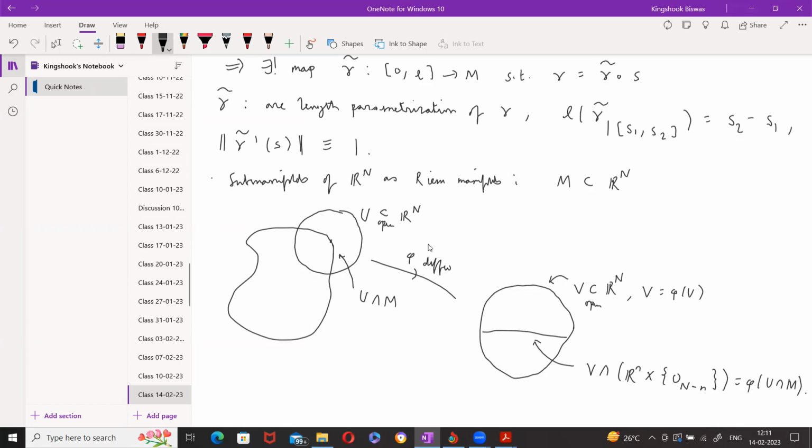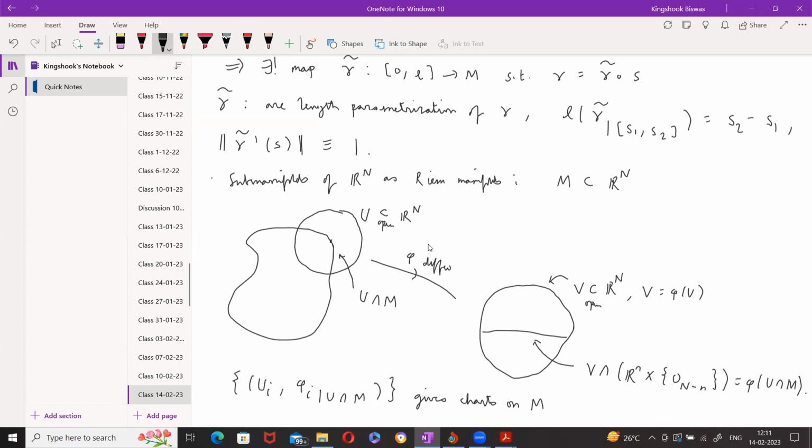So it follows that this M becomes a manifold, where U_i together with phi_i restricted to U intersect M gives me charts on M. All you have to check is that the change of charts is smooth, so that you can do.